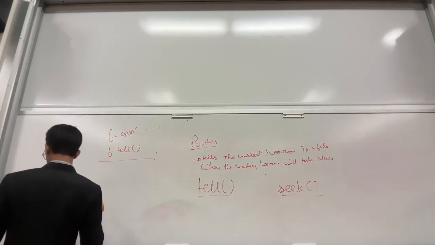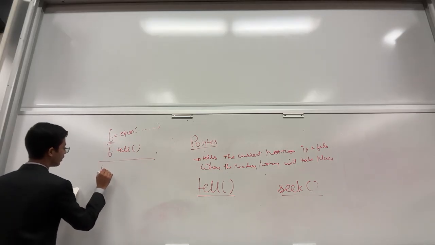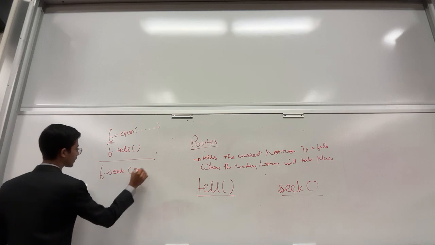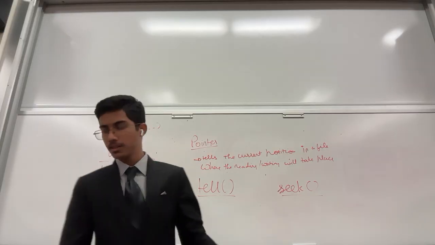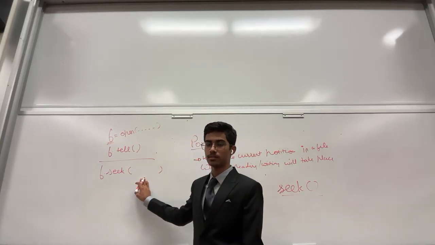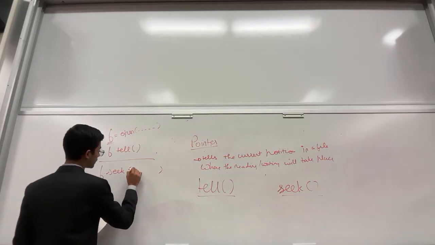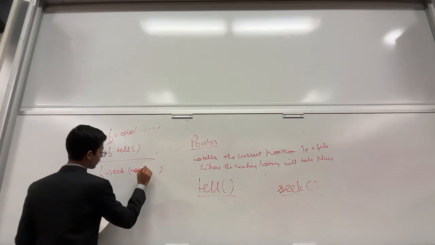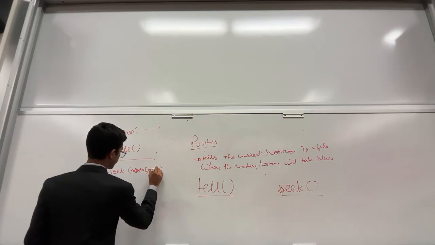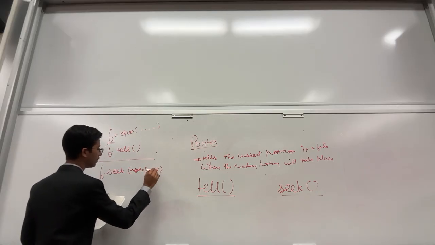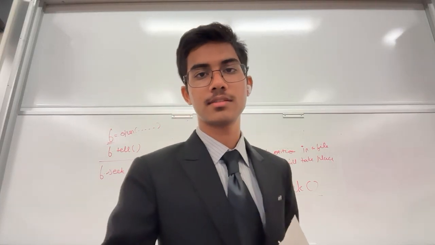And the way the seek function works is, again, we need to refer to where the file is open. So we write f dot seek. Now, unlike the tell where we can leave the parenthesis blank, the seek function needs something in the parenthesis. And what is that? Well, that is firstly the offset, and then the mode. What do I mean by offset and mode? Well, offset essentially means the change that you want taking place in the position.